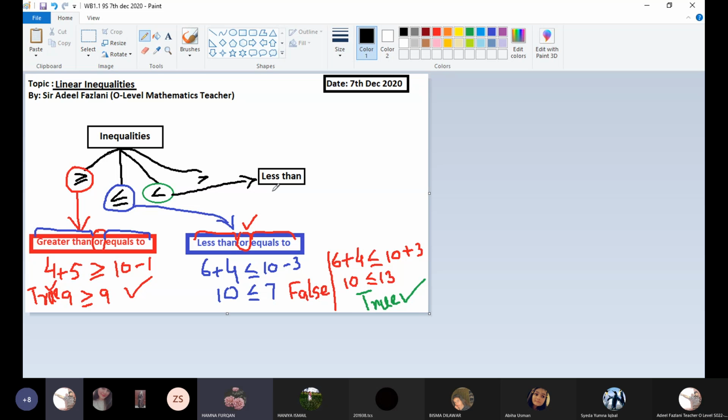3 plus 4 is less than... all right, you're saying 3 plus 4 is less than 7 plus 2. 3 plus 4 is 7, and 7 is less than 7 plus 2, which is 9.